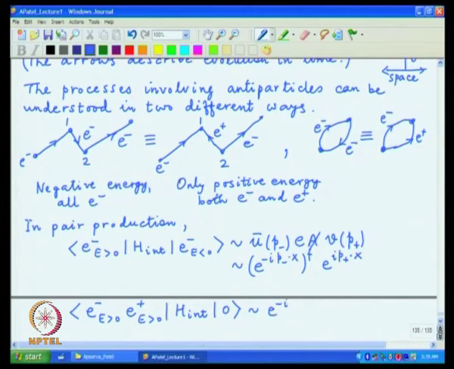So, it is e raised to minus I p minus dotted with x, then e raised to minus I p plus dotted with x. P plus is momentum of the positron, but now it is in the final state. So, it comes with the opposite sign of the phase, and this whole thing is complex conjugated. So, this is a description.